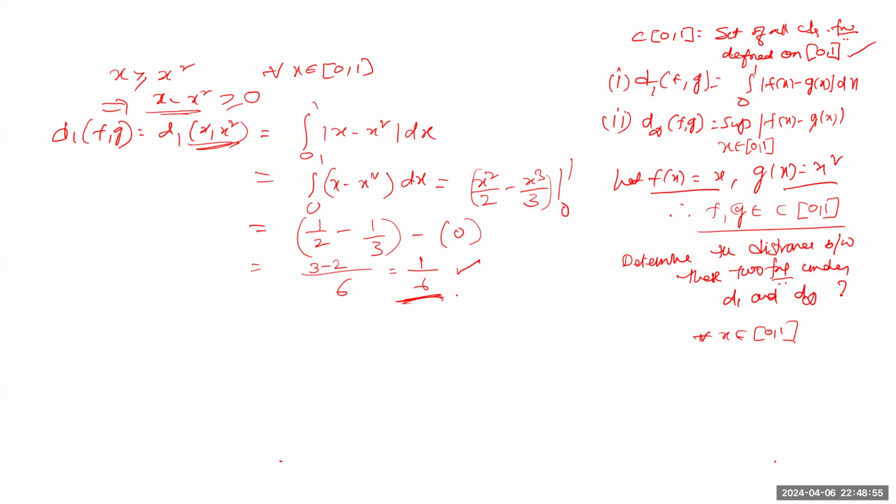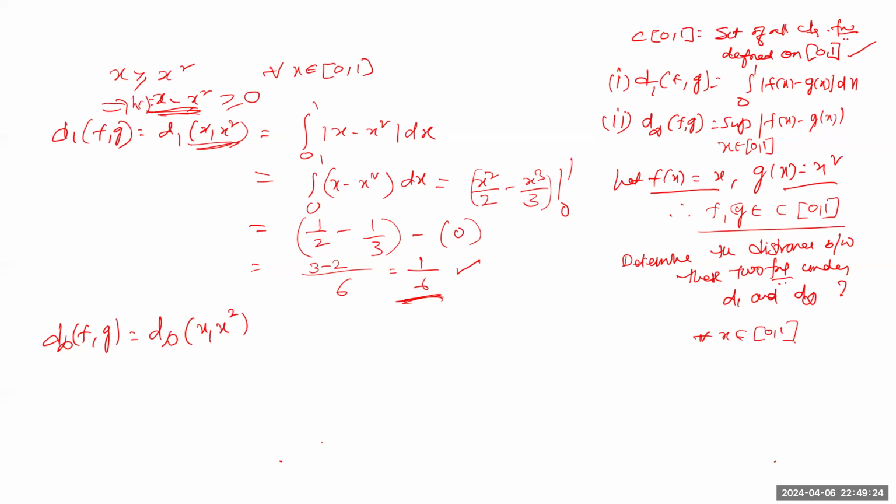The next one is the d infinity of f comma g. That is the d infinity of x comma x square. So let us say here, what is my function x minus x square? I call it h.